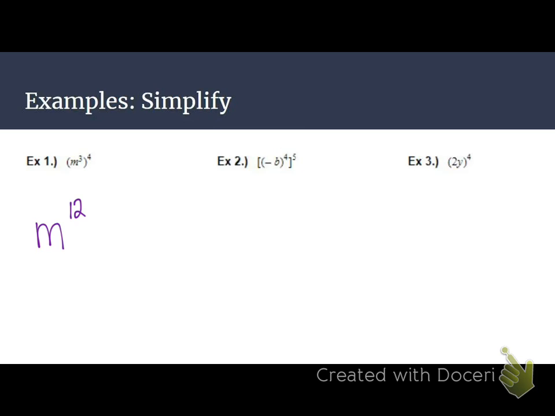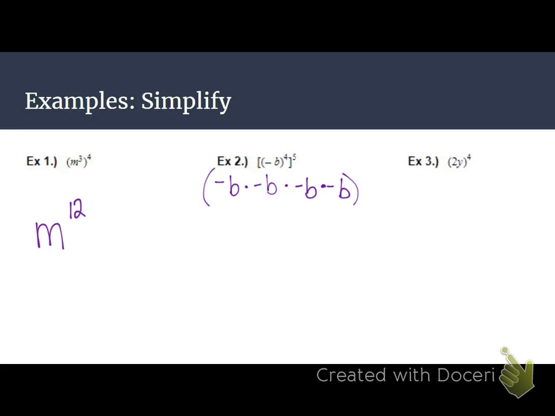Okay, on number 2, I would simplify from the inside out. So what that means is if we have a negative b raised to the 4th power, if you have a negative raised to an even power, the answer is going to come out to be what? Positive, right? Even power. Well, if we're not sure, let's write it out. If you're ever unsure, you can expand this out. So inside those parentheses, we would have 4 negative b's.